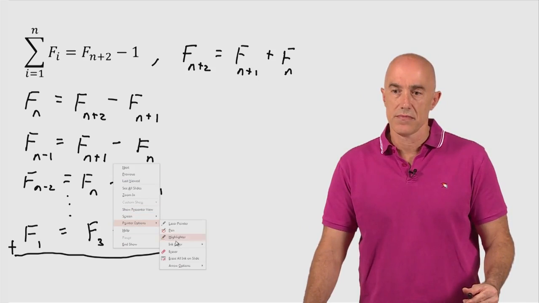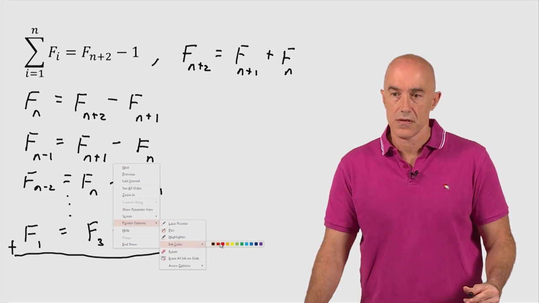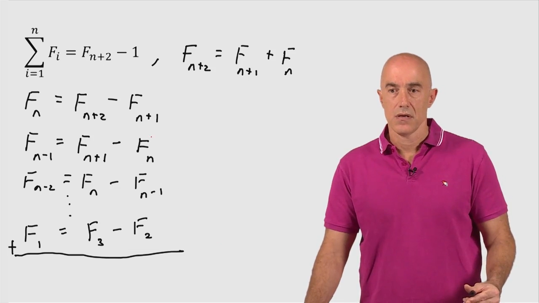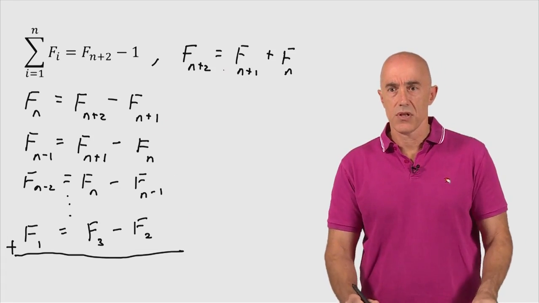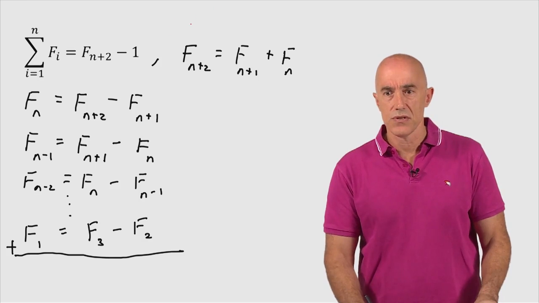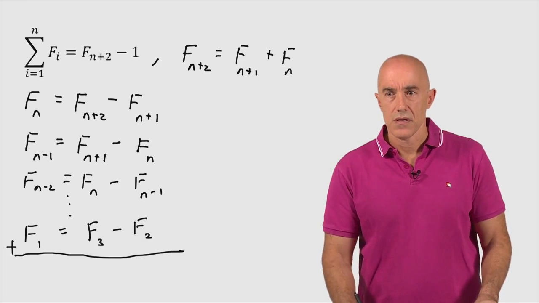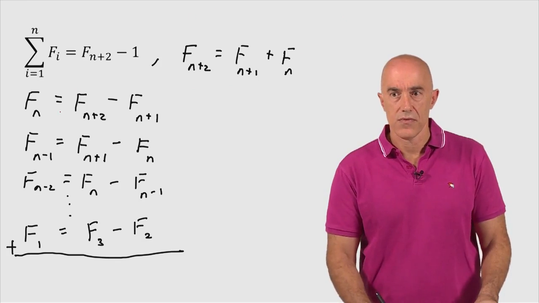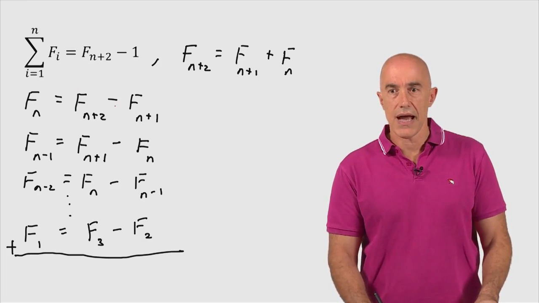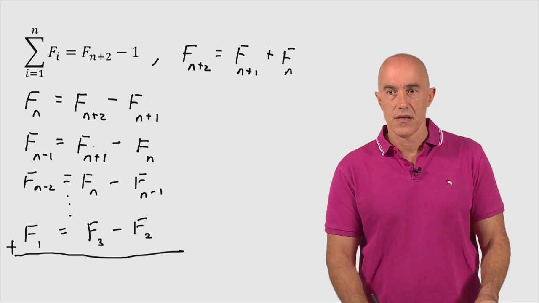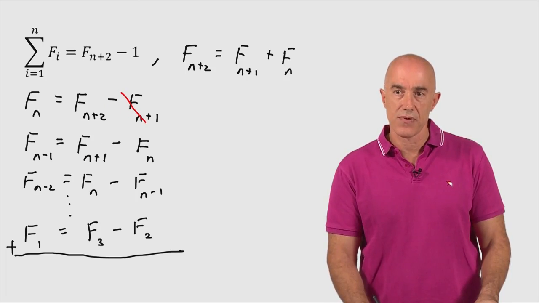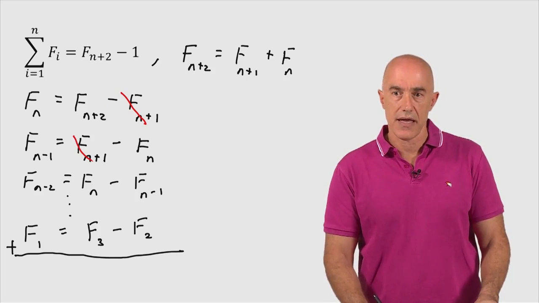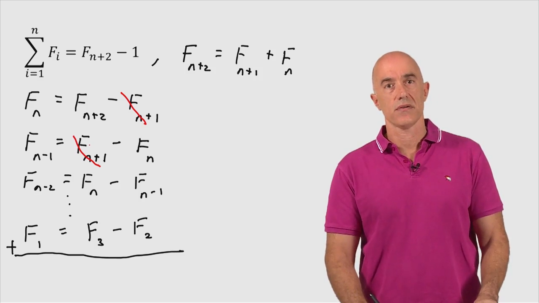Let me change the ink color to red for the moment. We're summing these equations, but look, we have f sub n plus 2 minus f sub n plus 1, and then we have f sub n plus 1. So when we add, minus f sub n plus 1 exactly cancels f sub n plus 1, right?